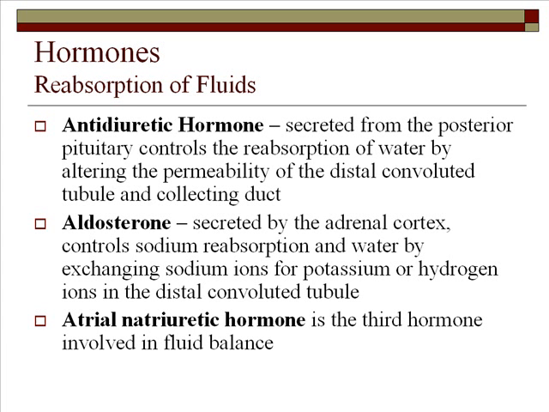Another hormone that we see, and we've already discussed, is aldosterone. This is secreted by the adrenal cortex and controls sodium and water reabsorption by exchanging sodium ions for potassium ions and hydrogen ions in the distal convoluted tubule.